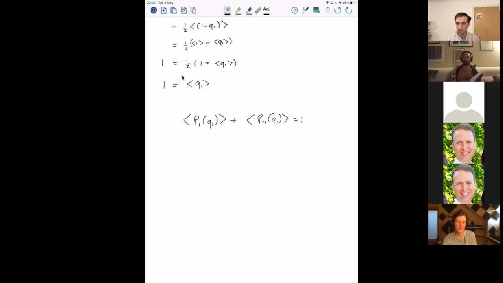And this is now a constraint that the system should adhere to. Does it adhere to it? It's an interesting question, and you can prove that it does. You can prove that this requirement is satisfied.